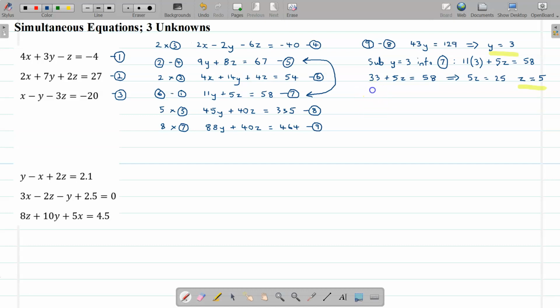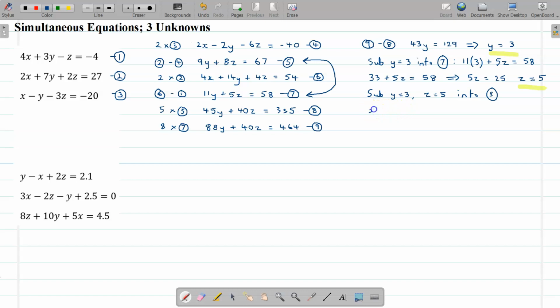So I'm going to sub y equals 3 and z equals 5 into equation 3, and that's going to give me, well, let's just write that down there.